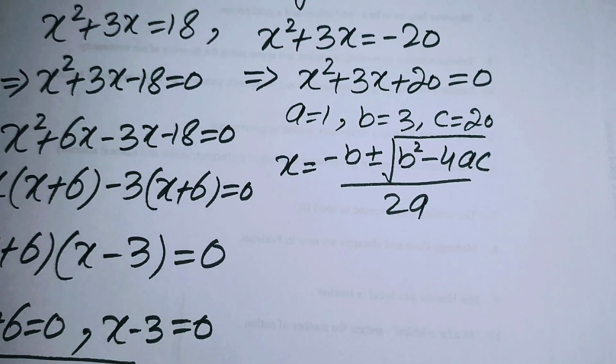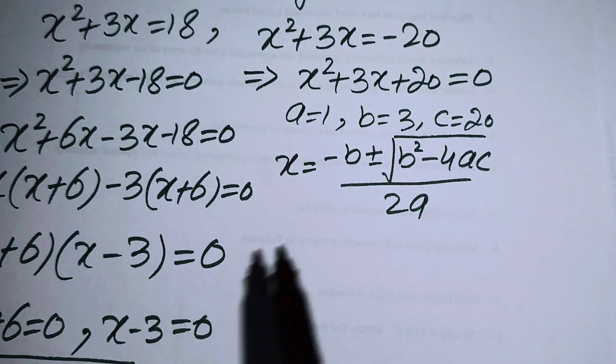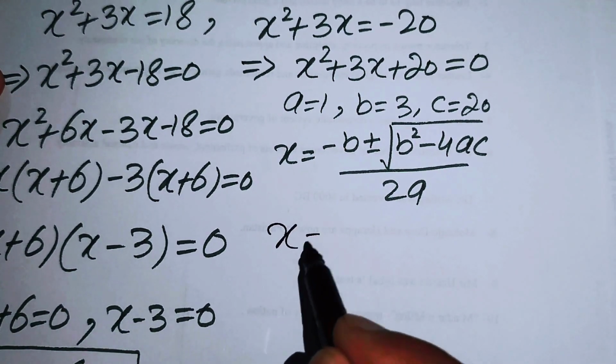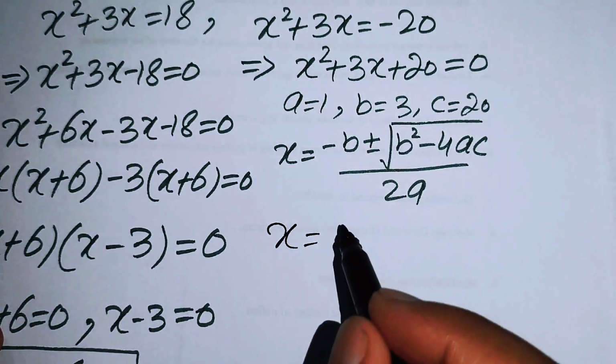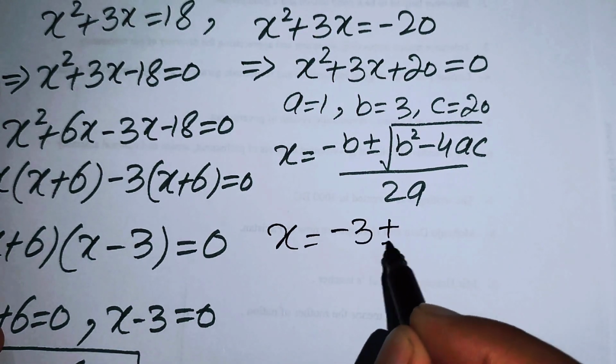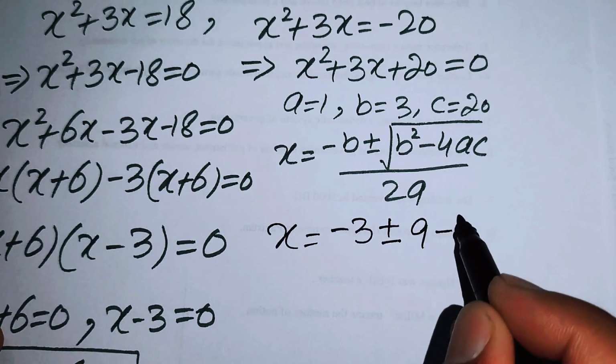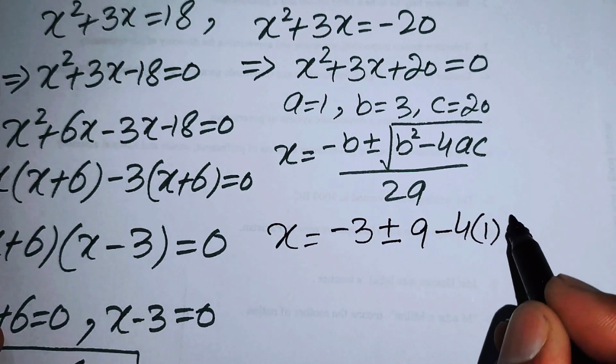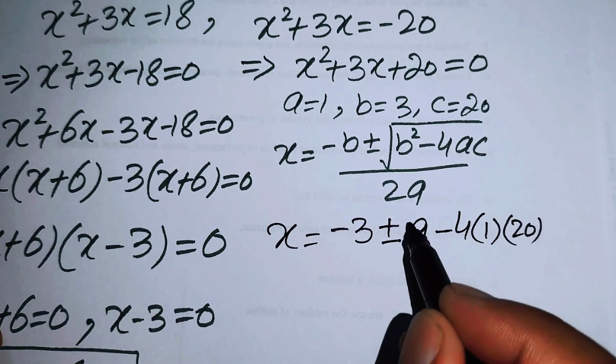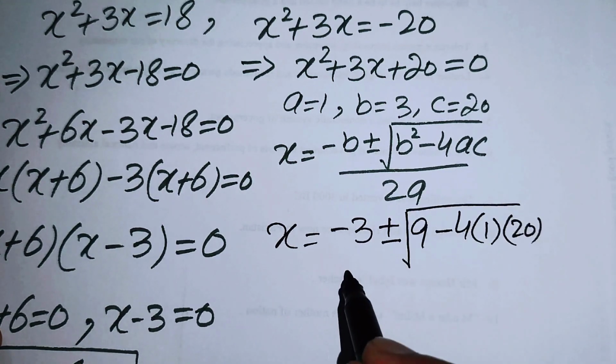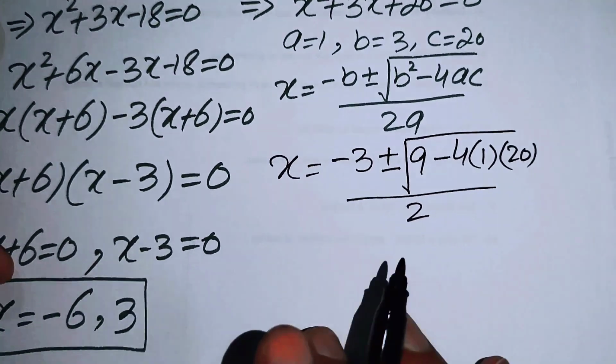And now we can put all the values of a, b and c in this formula, and you get x is equal to minus b, the value of b is 3, so you get minus 3 plus minus the square root of 9 minus 4 times a is 1 and c is 20, over 2 times a is 1.